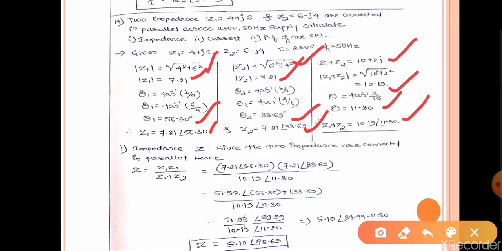So 7.21 into 7.21, you will get 51.98 at an angle 89.99 divided by 10.19 at an angle 11.30. So Z, you will get the answer as 5.10 at an angle 78.69, as we have to subtract the angles, 89.99 minus 11.30.